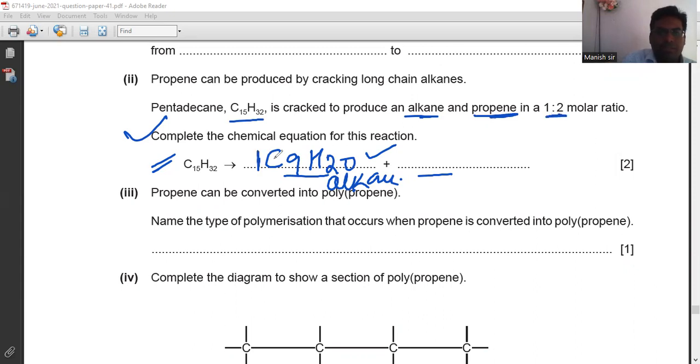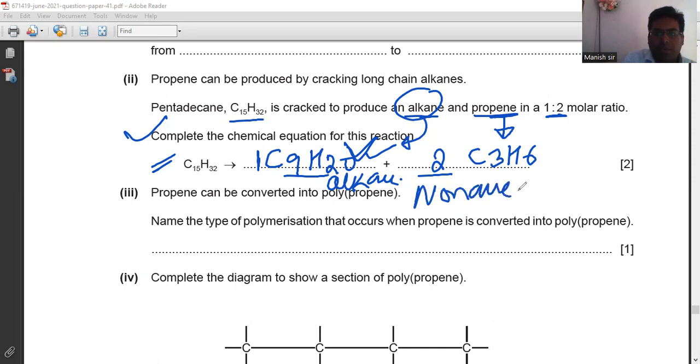So its moles is 1, and 2 will be like alkene. So this alkene is C3H6 because propene is given already. So we have to find this one only, right? So this alkane will be C9H20. This is your propene. So this will be containing double bond and this will be containing single bond. Please write this one.